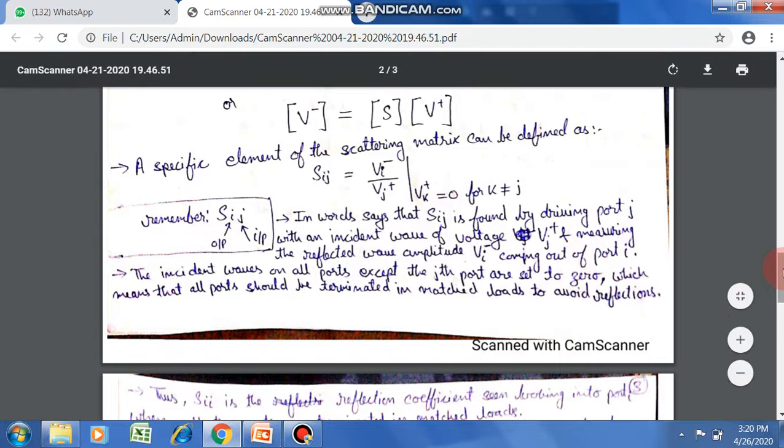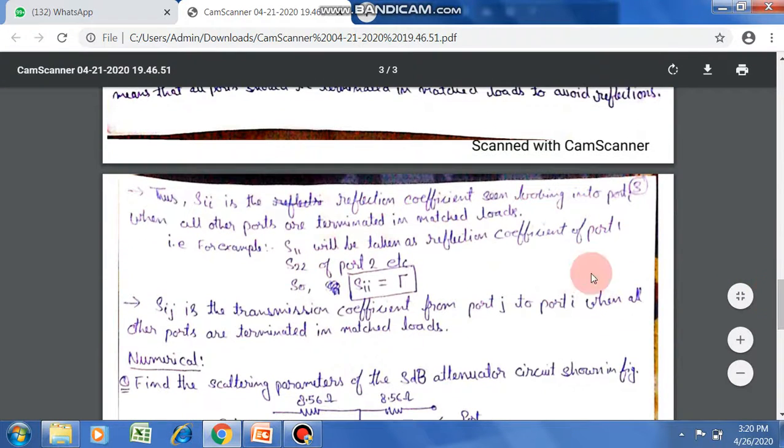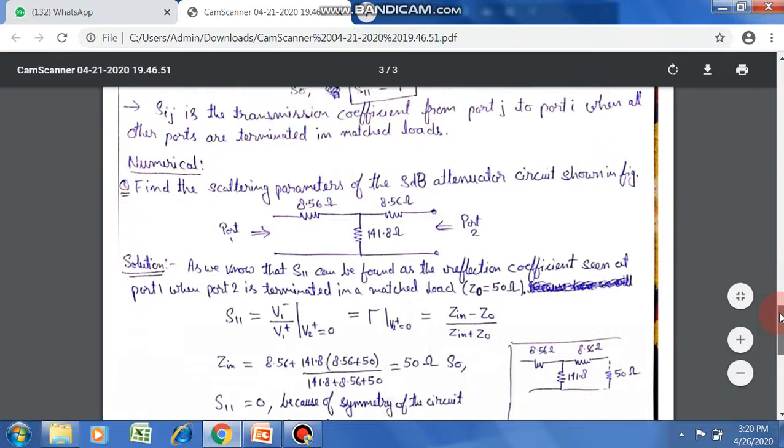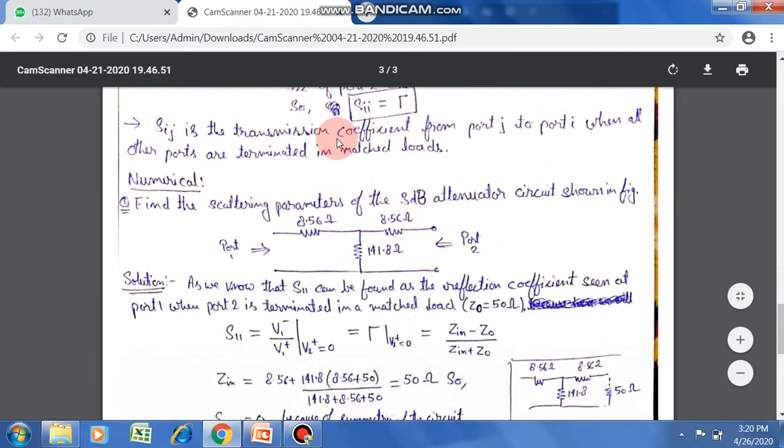That's why Sii is always equal to the reflection coefficient, but you have to match the ports. And the other thing is Sij is the transmission coefficient from port j to port i, because j is the input side and i is the output side.